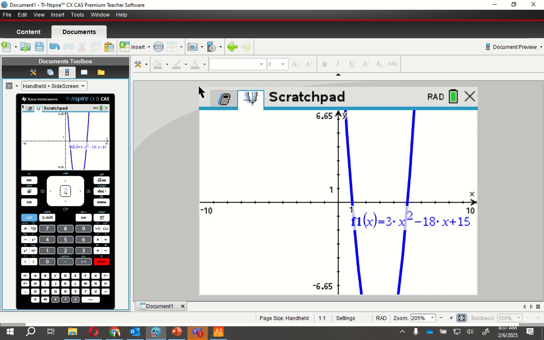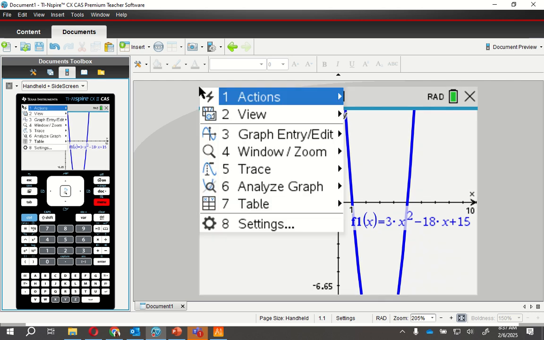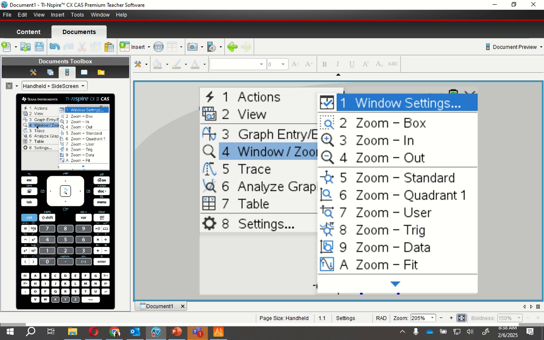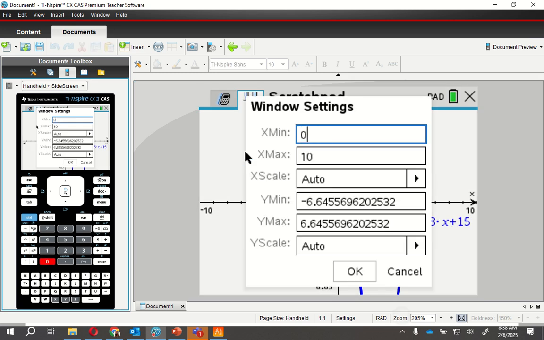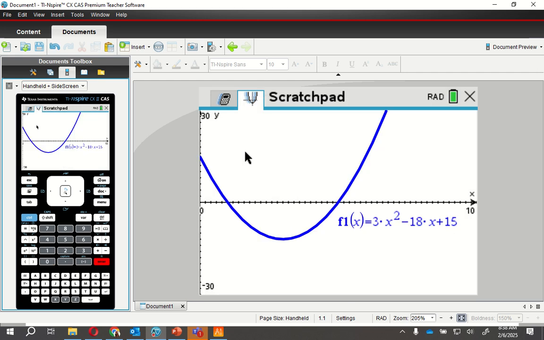I'm going to change my window, from 0 to 10 and from negative 30. There we go.